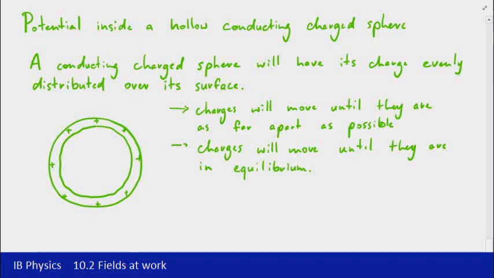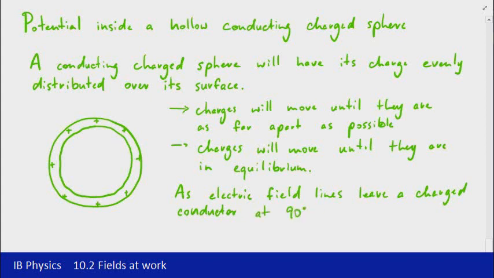So the next thing to be aware of here is that the electric field lines will always exit the surface of a conductor at 90 degrees. That means that we get a particular shape of the field around this sphere.